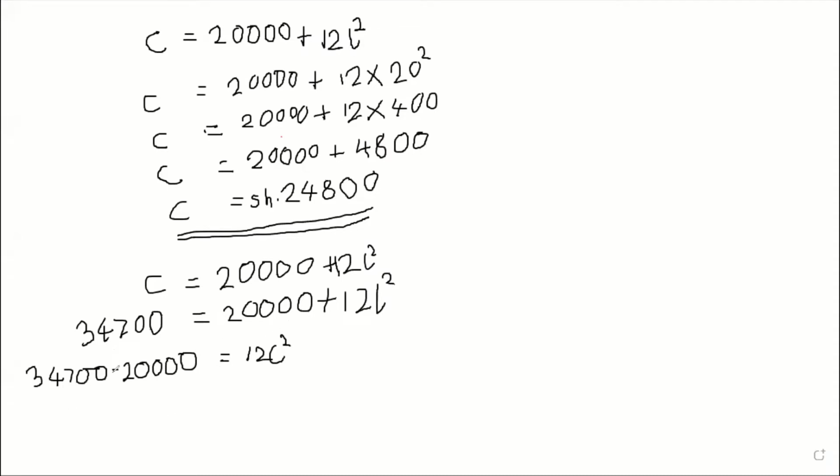I prefer to put the 12L squared on the other side to make it easier to solve, so you just exchange the positions and say 12L squared is equal to 34,700 minus 20,000.